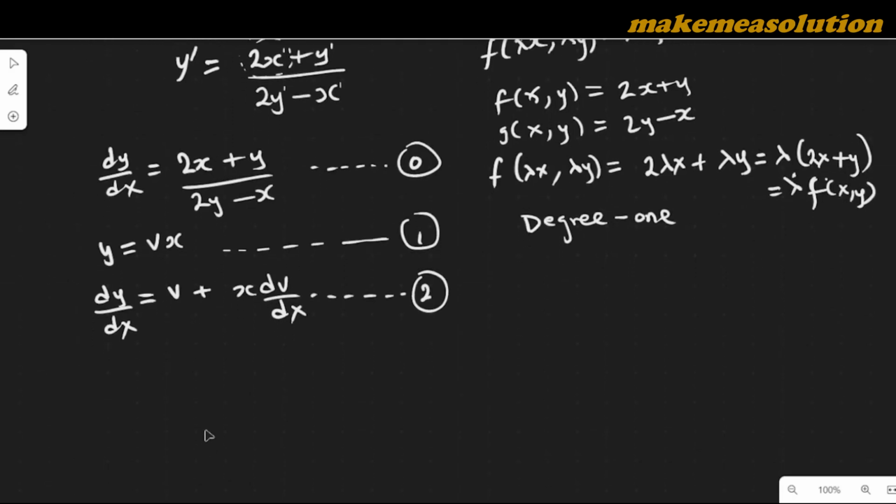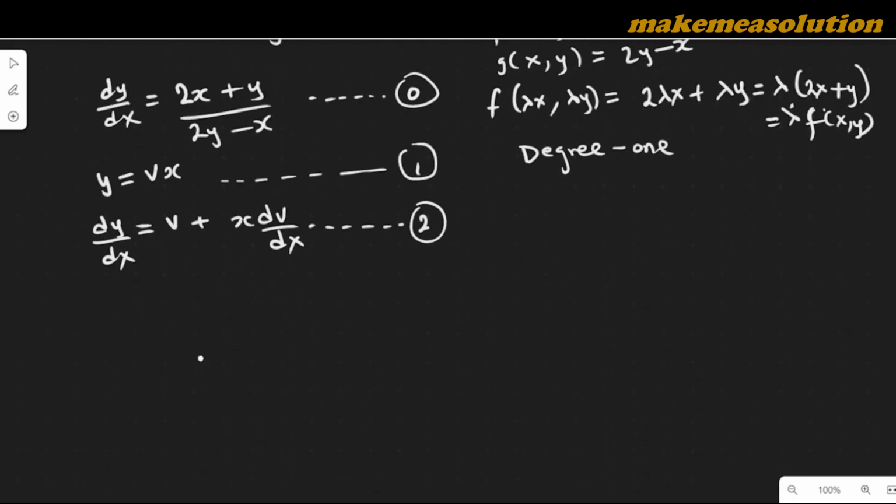Now what we're going to do is, after you have differentiated y equal to vx, you're now going to look for a way to substitute it into the original equation. So anywhere we see dy dx, it's going to be replaced with v plus x dv dx, and anywhere we see y in this particular right hand side, we're going to replace it with what?